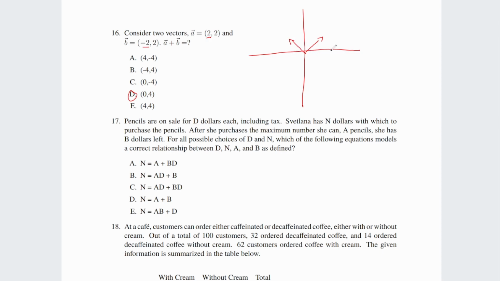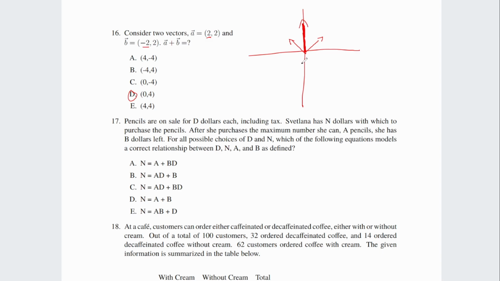And if we add them together, we end up with a new vector which is going to trace this line up to a height of 4 and be like that.